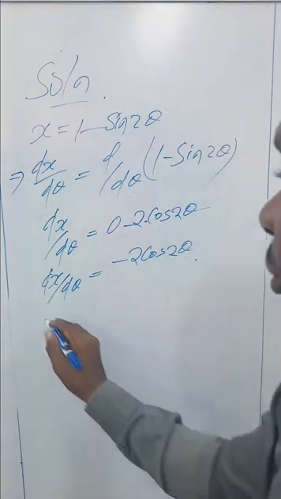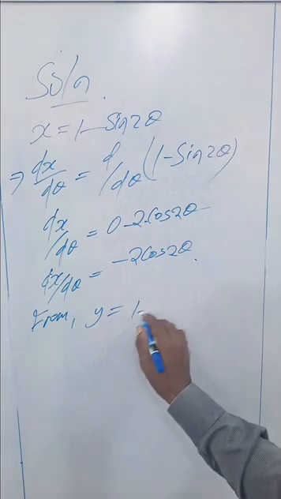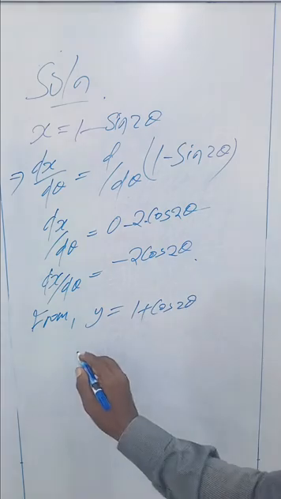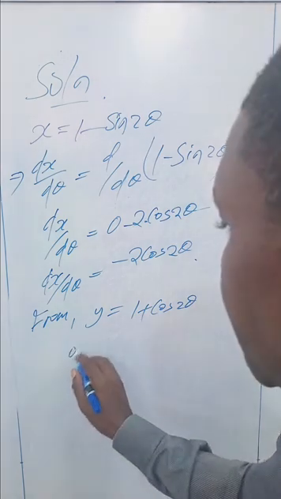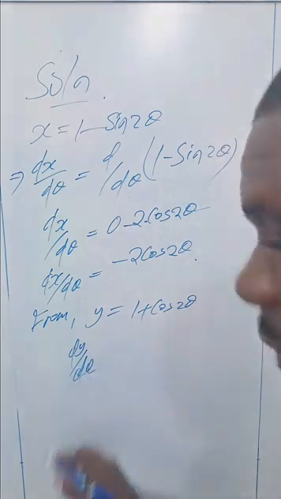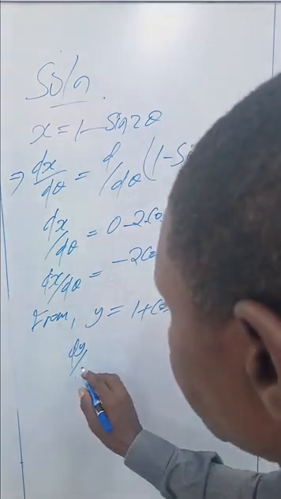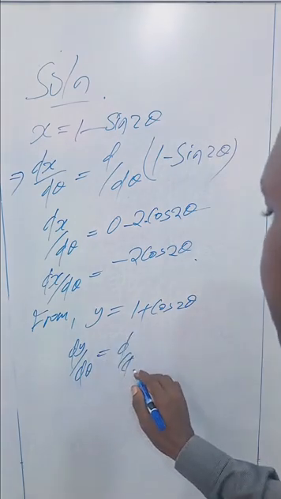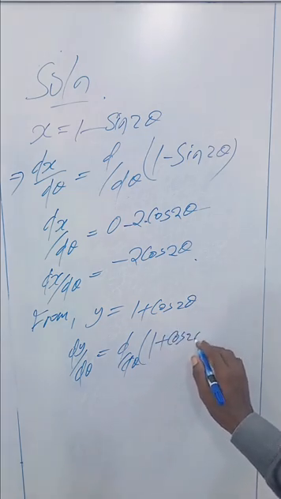Then from y equals 1 plus cos 2 theta, differentiating y with respect to theta will be equal to differentiating the right-hand side, that is 1 plus cos 2 theta.